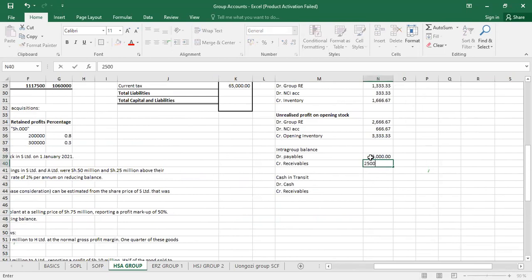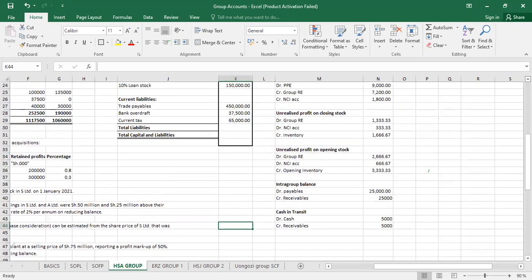Also, this one was 25. This one was 5, this one was 5 also. Control bolt, isn't it? These ones we were entering, so this one does not appear anywhere.